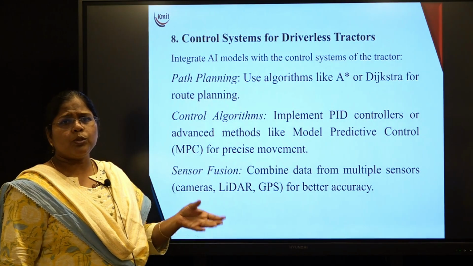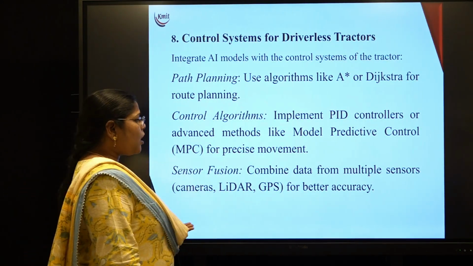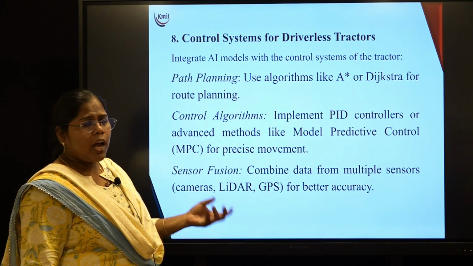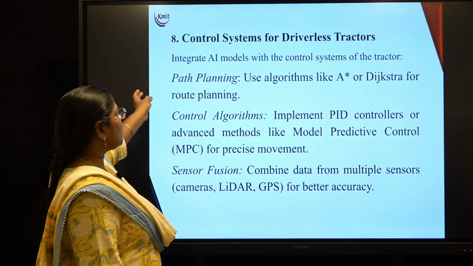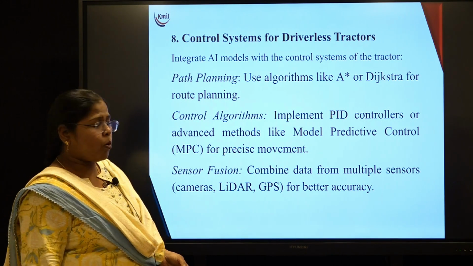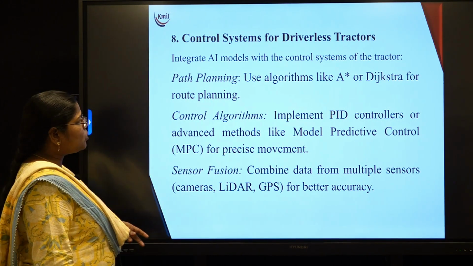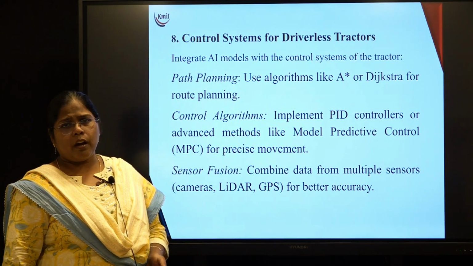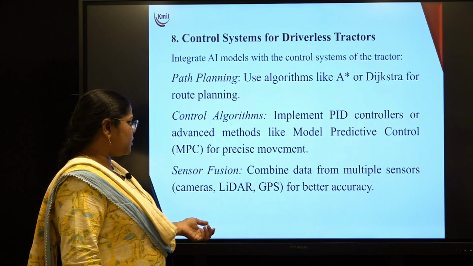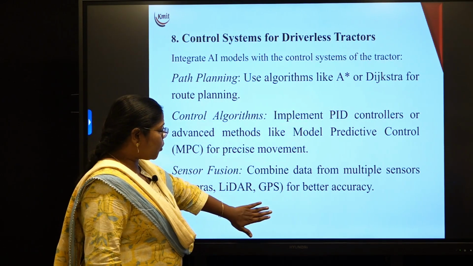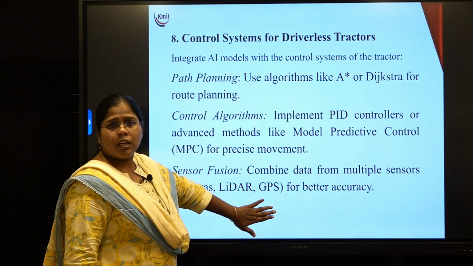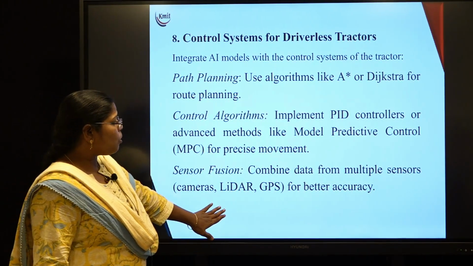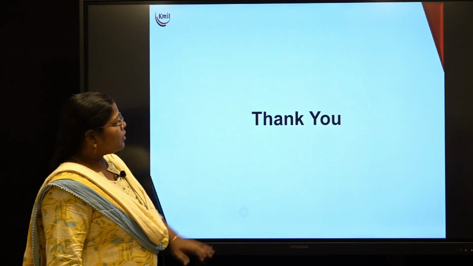Hardware is used to collect and process the data from all the sensors, and the algorithms are also very important, which can be loaded into the Jetson or Raspberry Pis or Jetson processors. This is how we can build our driverless tractor and also crop sowing system. Thank you.